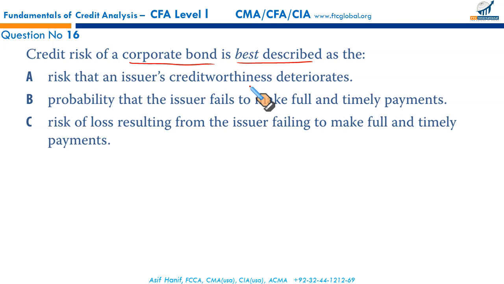That's how we define credit risk. So this is perfectly summarized here in C. Risk of loss resulting from the issuer failing to make full and timely payments of coupon and principal. So that makes C the correct option.